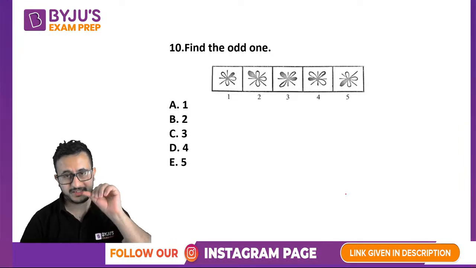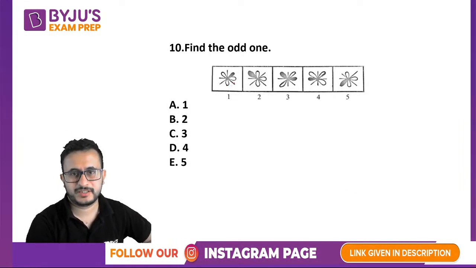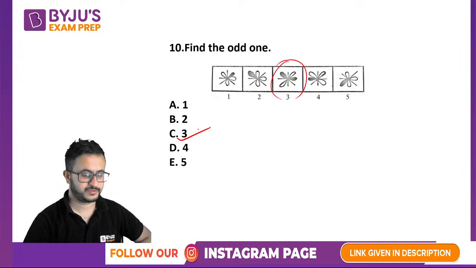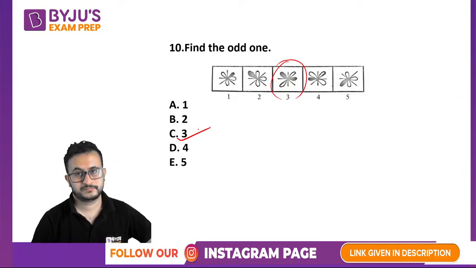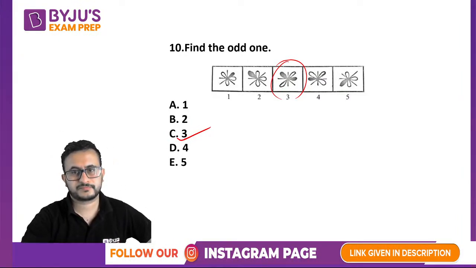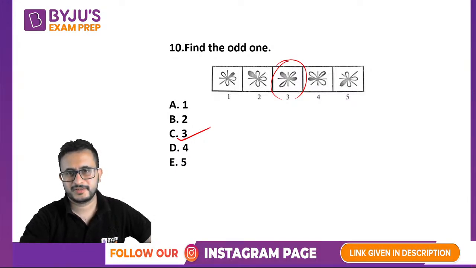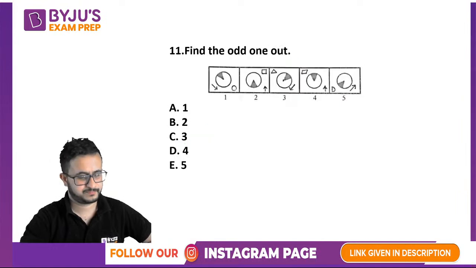Easy to find the odd one. See, in all the others, three are white, one is shaded. Right? In this case, there are two shaded. So clearly the odd one out. But yes, sometimes odd one out can have different logics also.